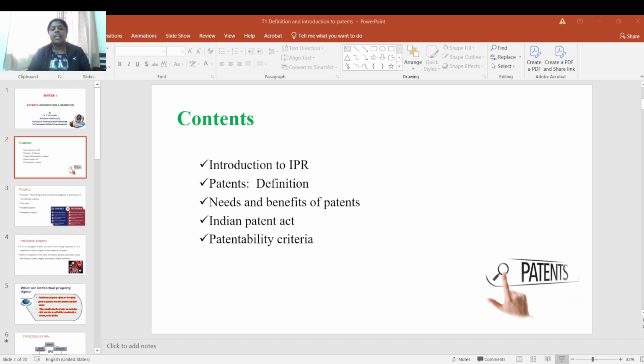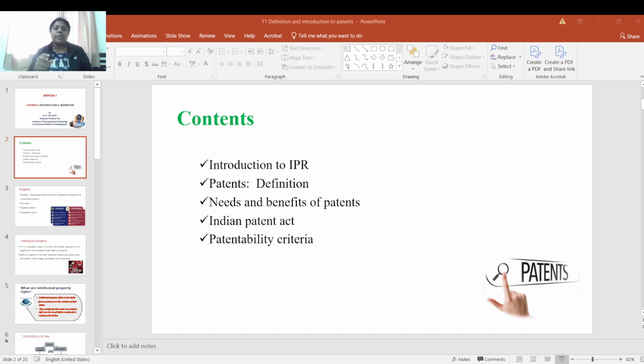The categories of non-patentable inventions are mentioned under two sections, that is section 3 and section 4. Section 3 and section 4 are very important sections which give a preliminary idea to a person who is going for a patent whether his invention is patentable or not.